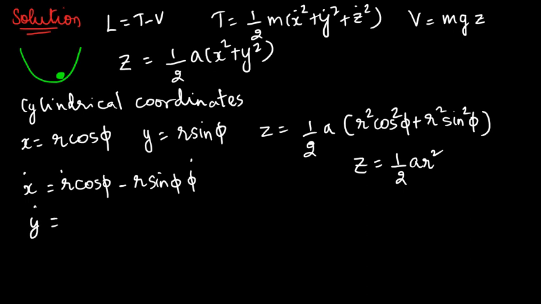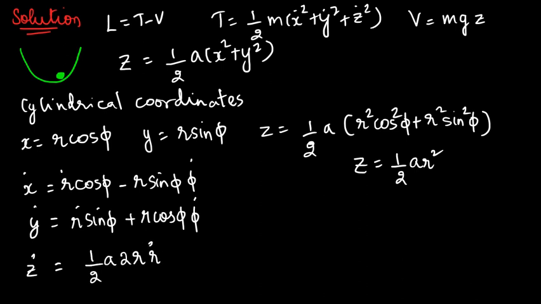And similarly y dot will be, and my z dot will be a r dot. So before substituting, we can just find the x dot square, y dot square, and z dot square terms. So I'm going to do it over here.